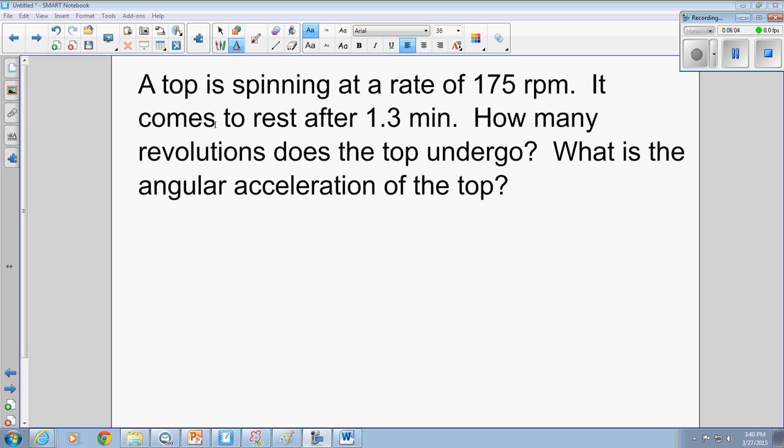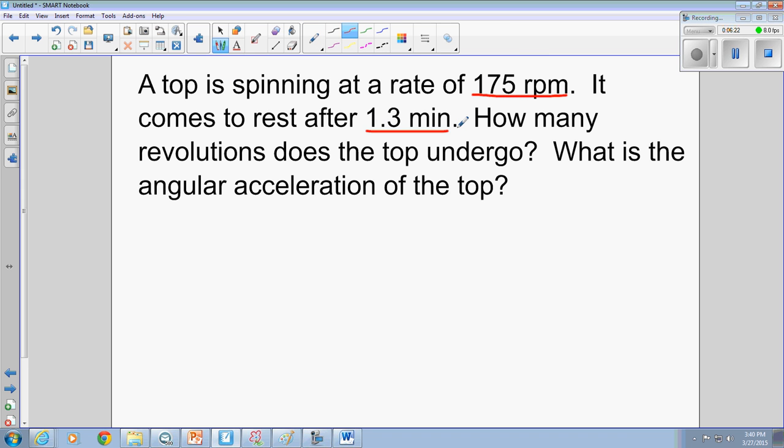If we have a top spinning at a rate of 175 revolutions per minute, and it comes to rest after 1.3 minutes, how many revolutions does the top undergo? So what we have here is our angular speed and our time. So what's our angular speed initially?